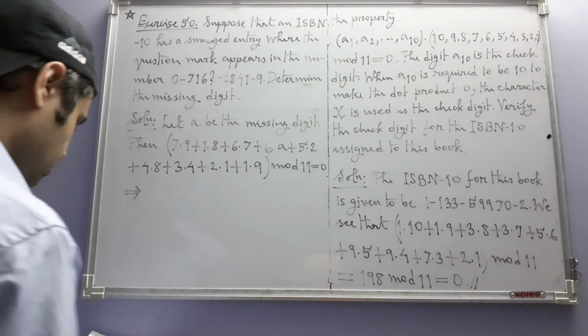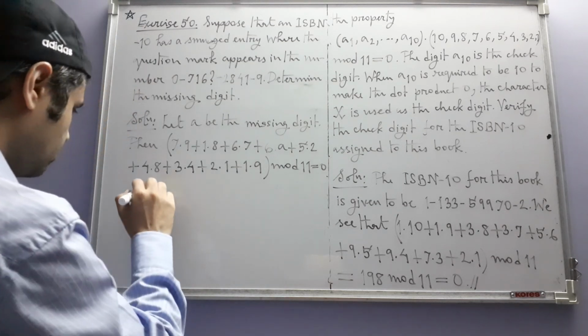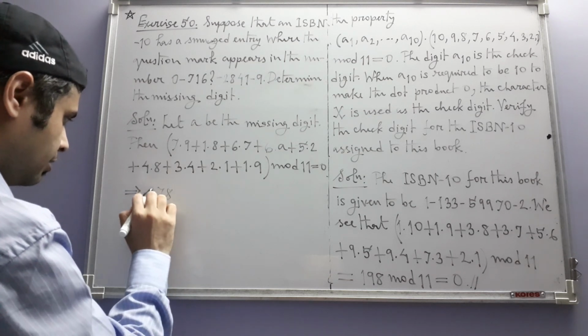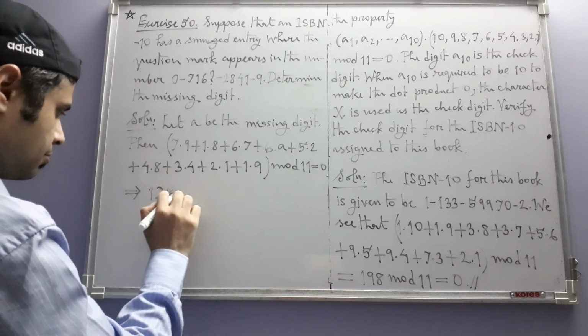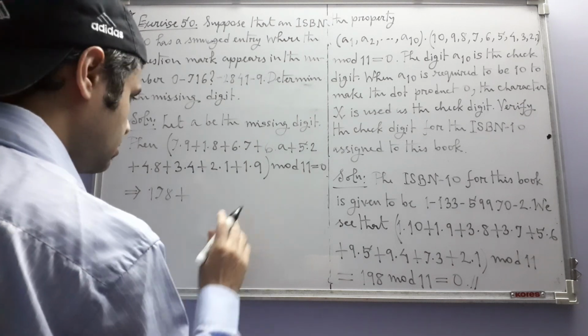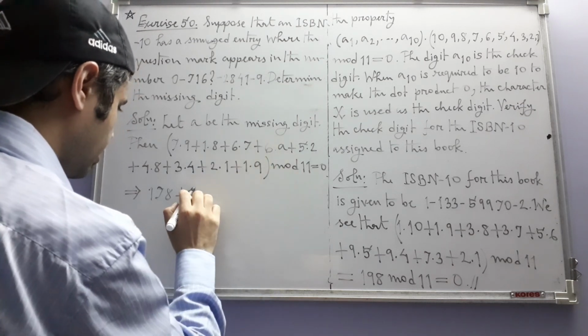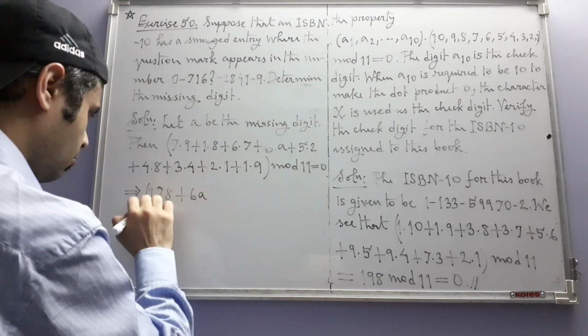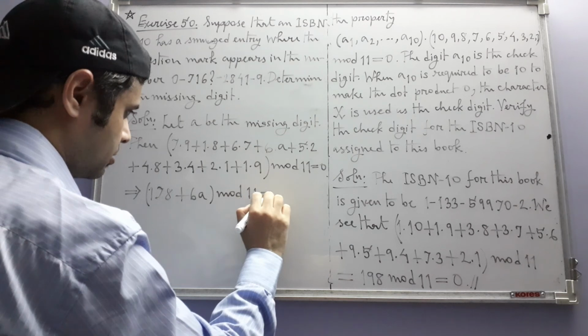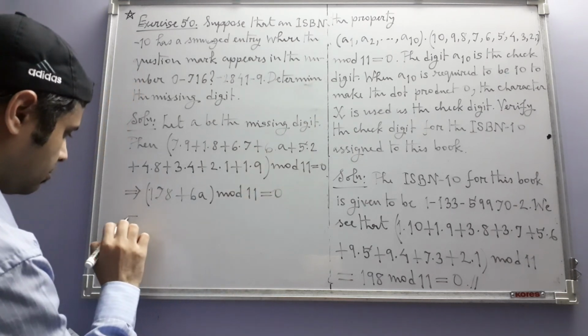And this turns out to be 178 plus 6A mod 11 equal to 0.